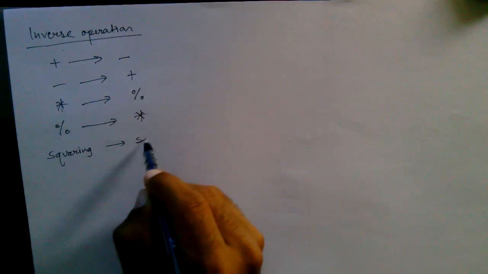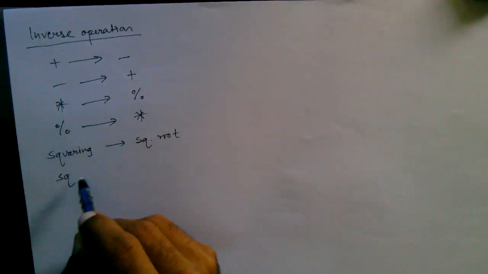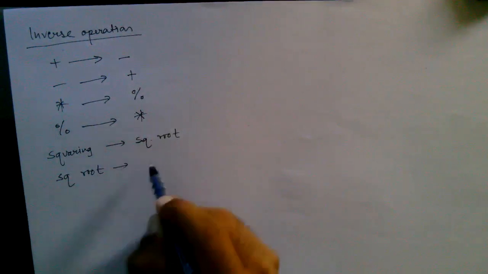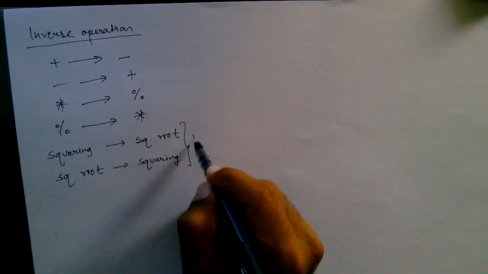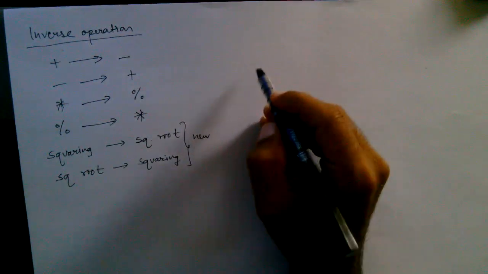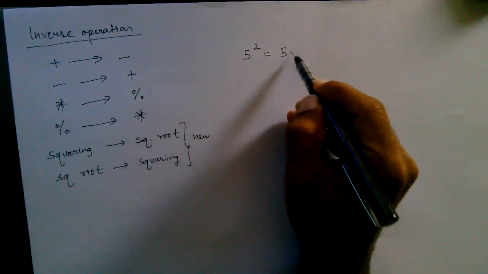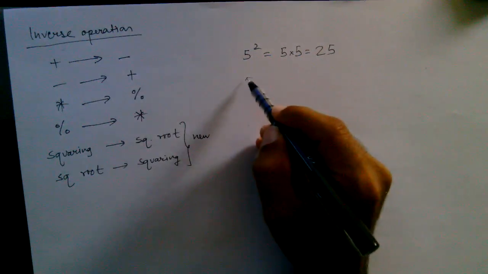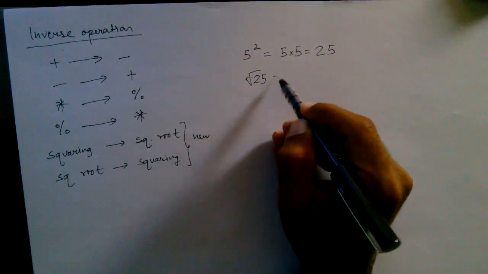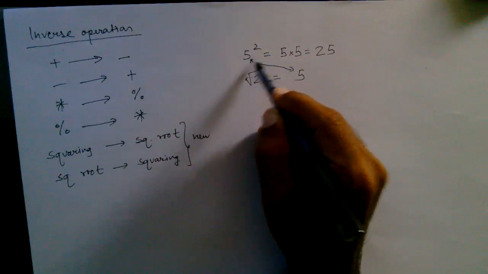Squaring can be undone by square root, and square root can be undone by squaring. So these are new. What this means is, for example, 5 squared is 5 times 5, which is 25, and square root of 25 is 5, so we get back 5.